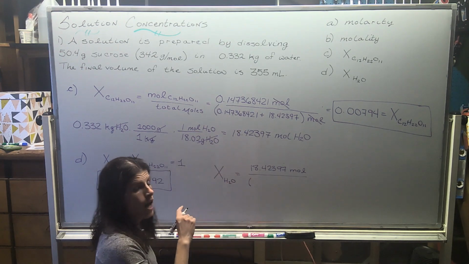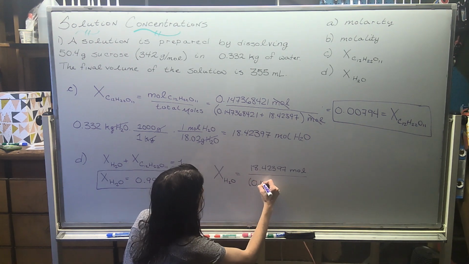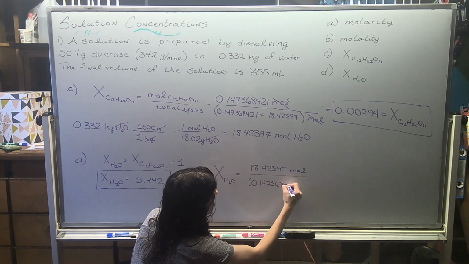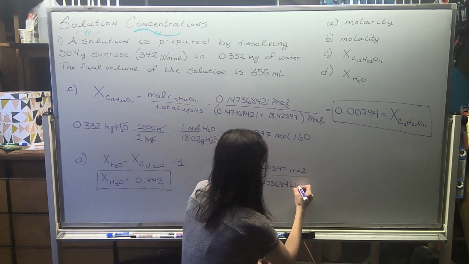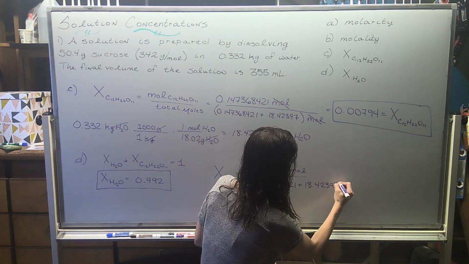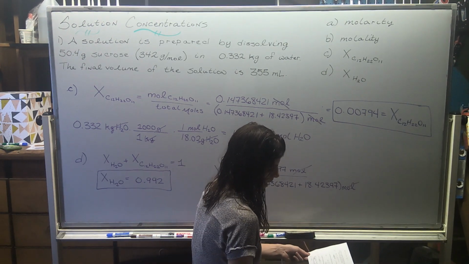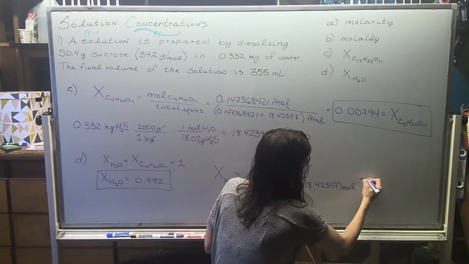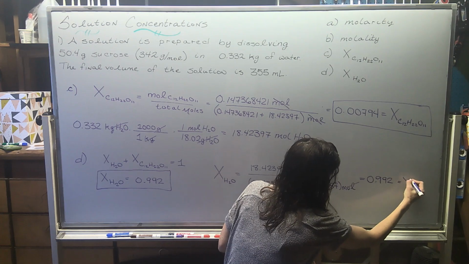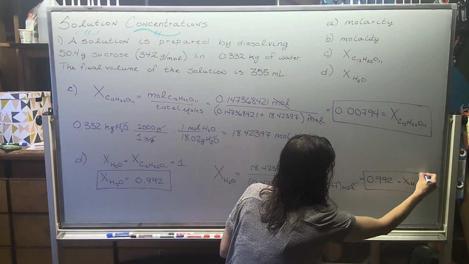So the same denominator would come out in both parts C and D. So 0.147368421 plus 18.42397 moles. Moles is canceling with moles. And that was a good check for me because when I did it, I got the same exact value. There you go.